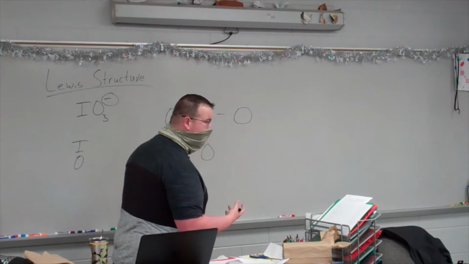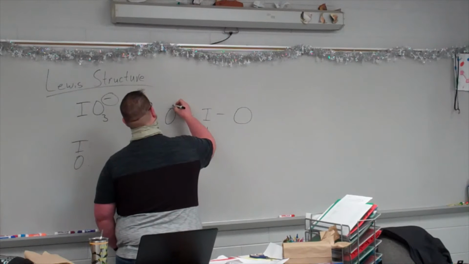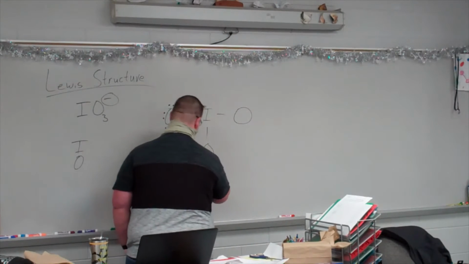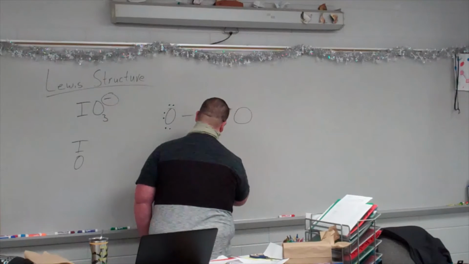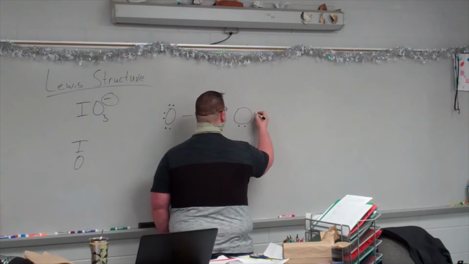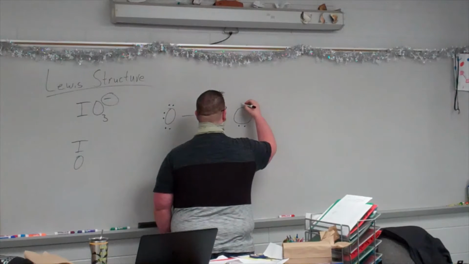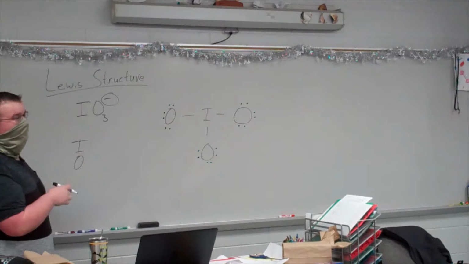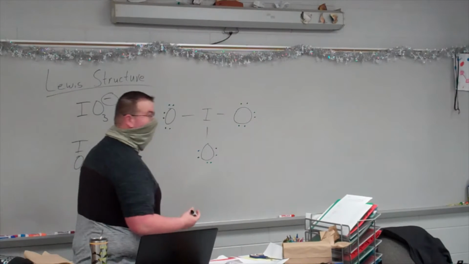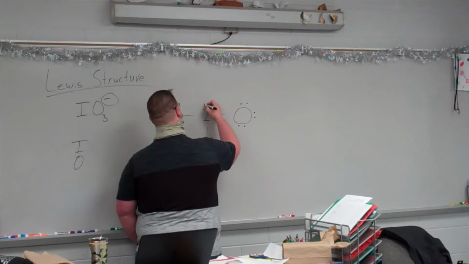They want 8, so they need 6, so we give each one 3 lone pairs. Then iodine has 3 single bonds, which means it has 6 electrons and it needs a lone pair. So just stick a lone pair up there.